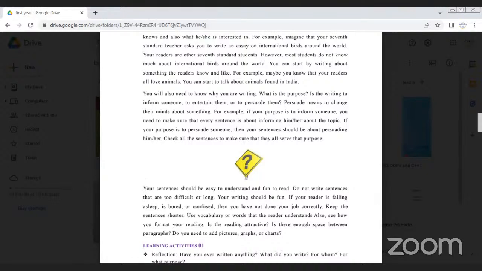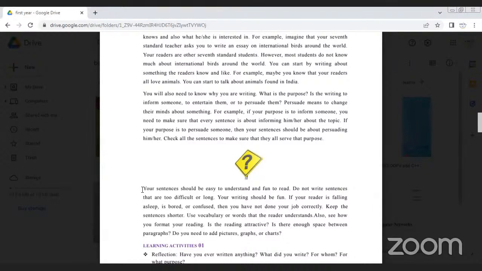For example, if your purpose is to inform someone, you need to make sure that every sentence is about informing him or her about the topic. If your purpose is to persuade someone, then your sentences should be about persuading him or her. Check all the sentences to make sure that they all serve that purpose.